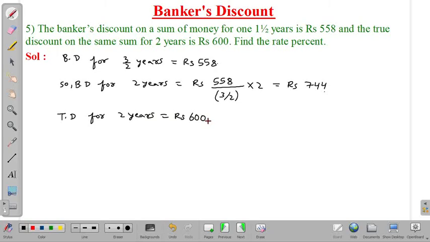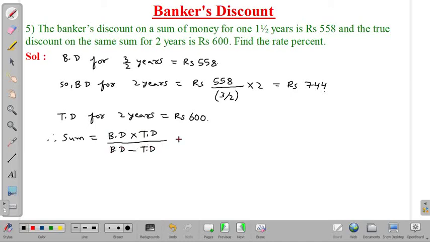So we have the value of the banker's discount and true discount for the same time period, that is 2 years. So we can calculate the sum: sum will be equal to banker's discount into true discount divided by the difference between banker's discount and true discount.